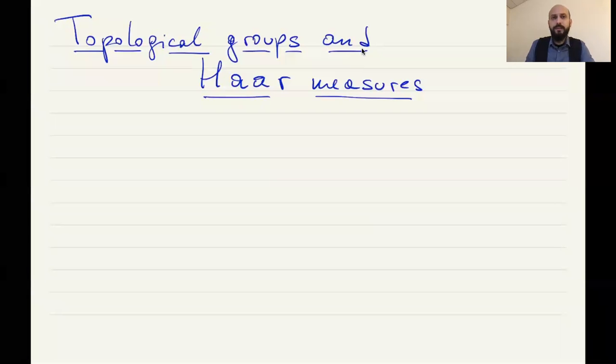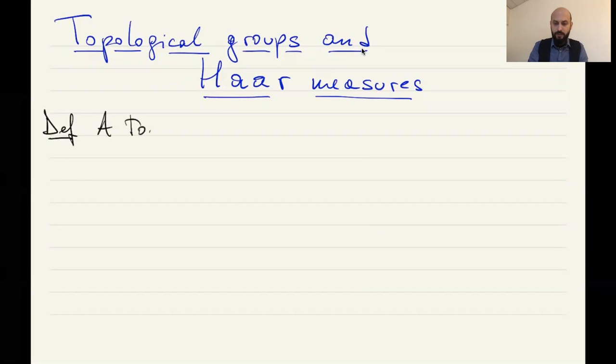Let's give the formal definition of a topological group, and then on it we will consider the invariant measures, called Haar measures. Okay, let's start with the definition of topological group.